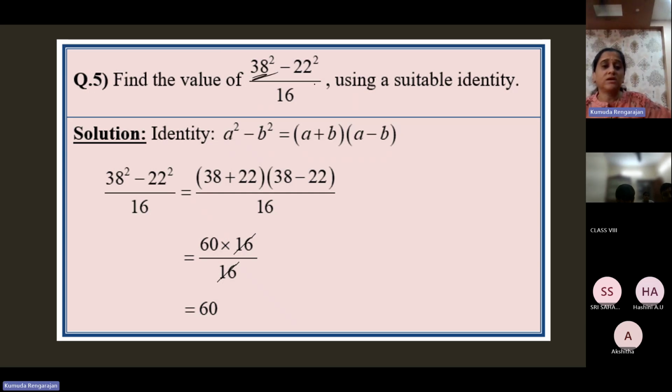Even if the question is just find the value of, and suppose this is not given, even then you have to use the identity. Here it's mentioned using a suitable identity. Even if this is not given, you know that the numerator is of the form a squared minus b squared, so you should write it as a plus b into a minus b.